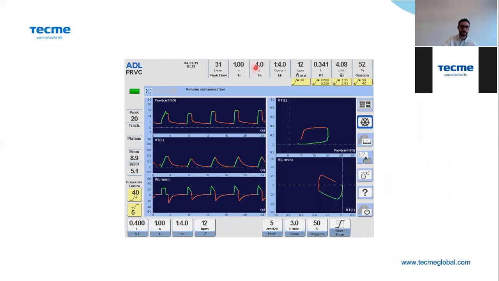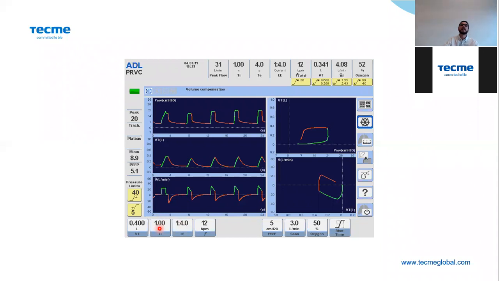So here we have the ventilator screen for this ventilatory mode. Here you are setting a tidal volume. This is the target tidal volume.